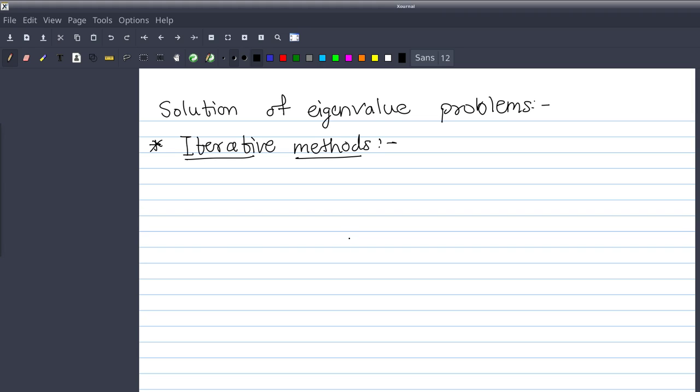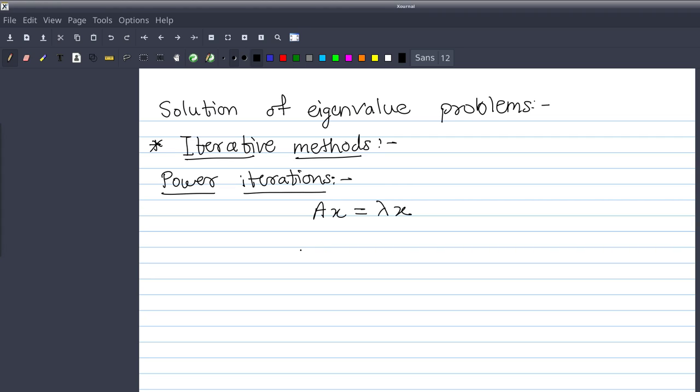So let us start with the first method that we are going to see, and that is power iterations. The problem that we have is Ax = lambda x, the standard eigenvalue problem. Since the name itself suggests that it is an iterative method, we need to define some iterative scheme here.